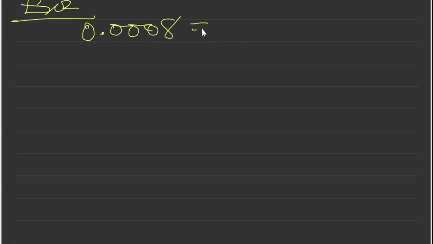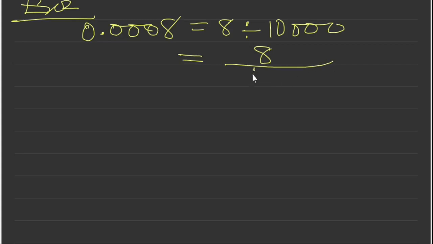For example, let me have example 2. You have to change 0.0008. If you have to change this, it's the same thing as 8 divided by, you count 1, 2, 3, 4, meaning that 8 divided by 10,000. So you will now rewrite to have 8 over 10,000.